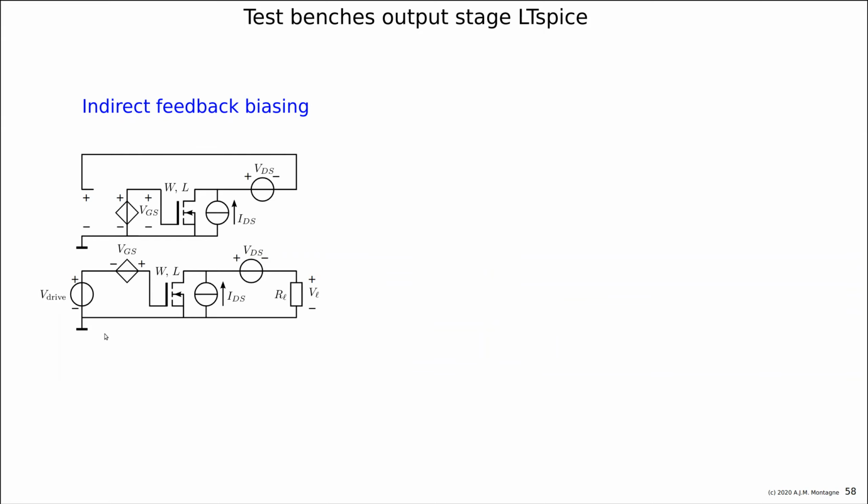So this is the driving voltage at the input. We have the load, and RL can be, well, whatever you want, 25 ohm, 50 ohm, 100 ohm, depends on the situation we want to study, and that has been discussed in the drive requirements. So this is the indirect feedback biasing solution.